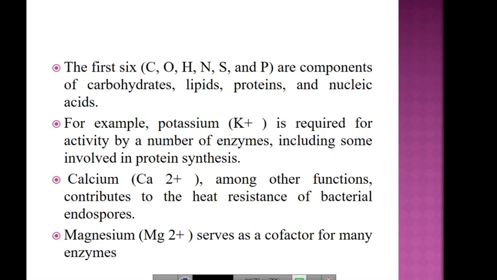For example, nucleic acids are made up of organic molecules like DNA, RNA. Even proteins are organic molecules. They are made up of carbon. Phosphorus is present in nucleic acids. Nitrogen is present in nucleic acids as well as proteins, amino acids.